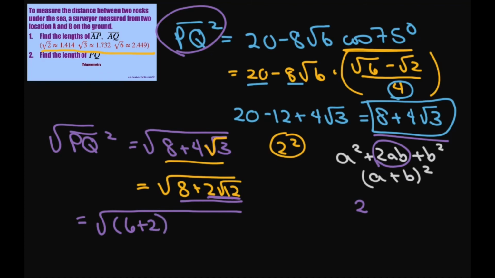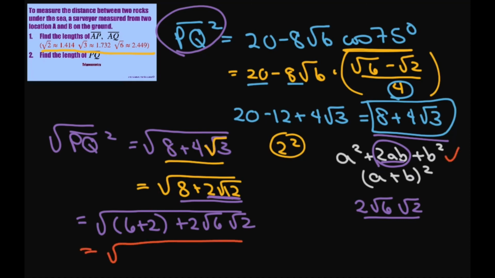Now if I do that, I'm going to have 2 times square root of 6 times square root of 2. So that's going to give me this part. So if I write it like this, I'm going to get plus 2 square root of 6 times square root of 2. Also, I can rearrange this to make it more like looking like this.